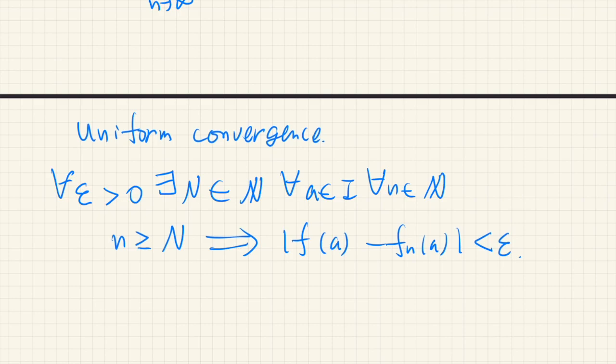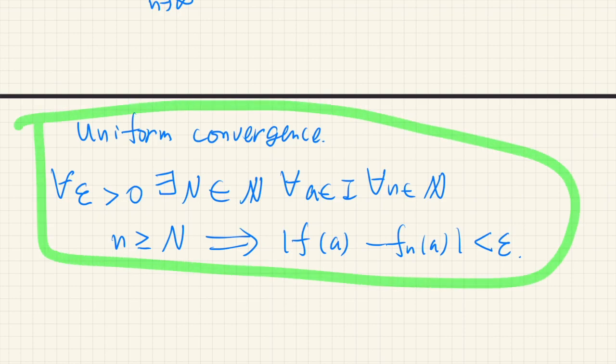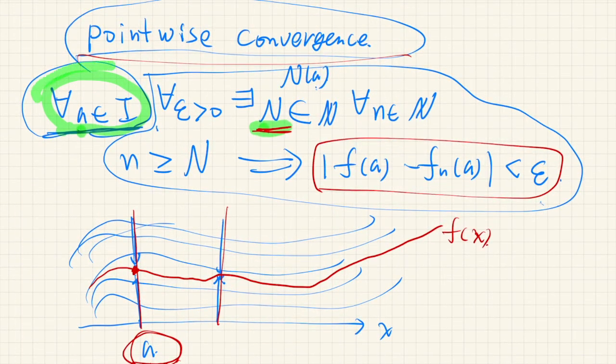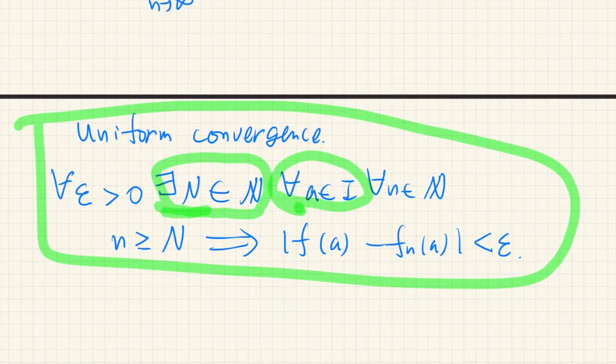Okay, so what's the difference? The difference is where we put this "for all A". In this case, this clause is inside, so it comes after "there exists N". Before, it was in the beginning. Now it's after N. So that's the difference.